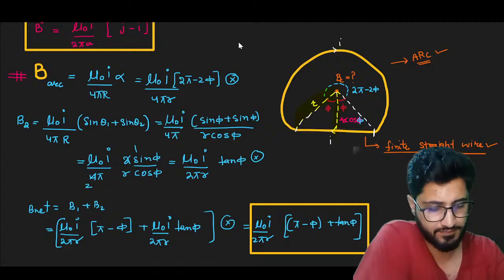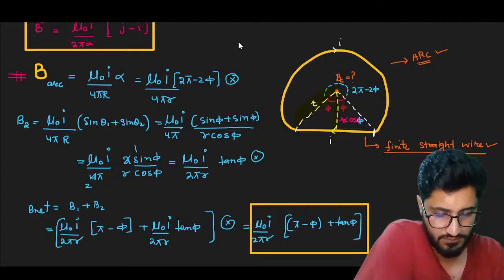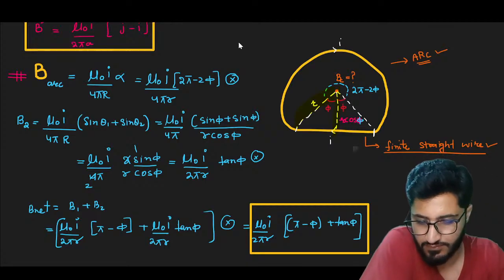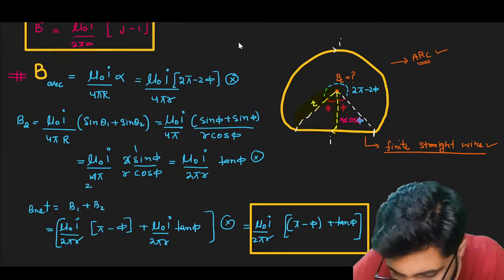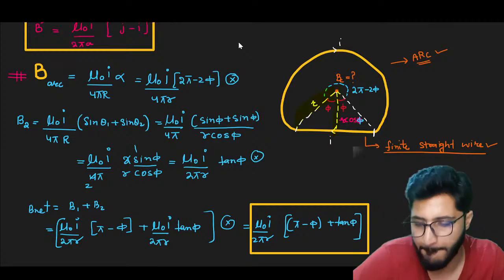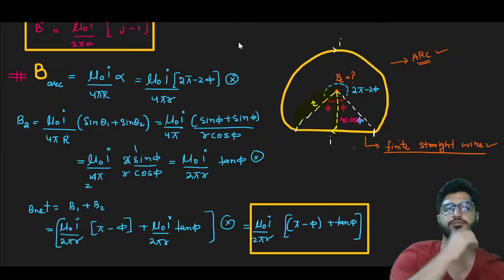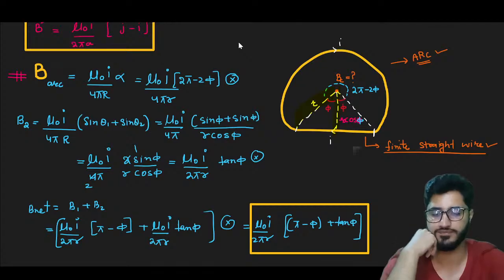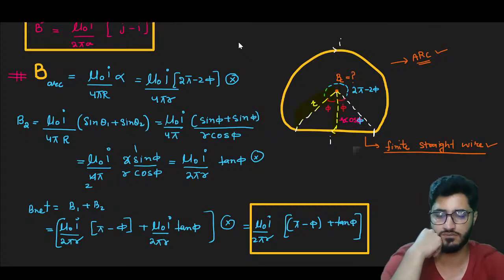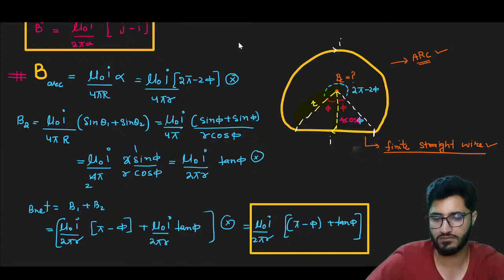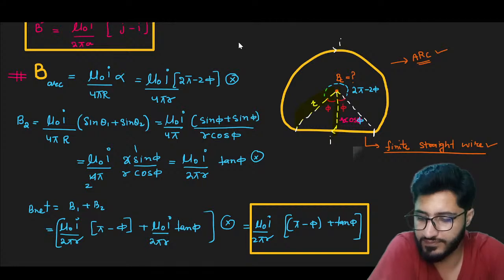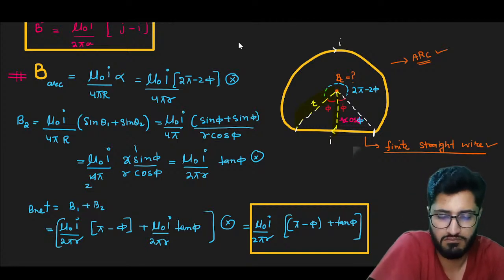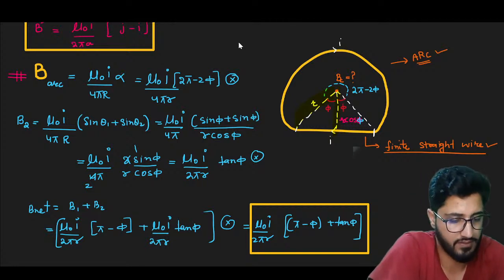Done, beta? Any confusion? Any confusion now? If you have, you can just let me know. No confusion? A good numerical, no? A good numerical.